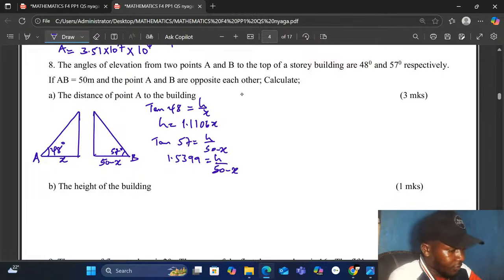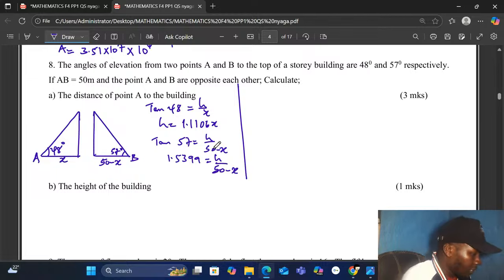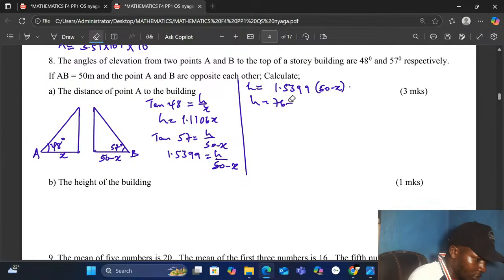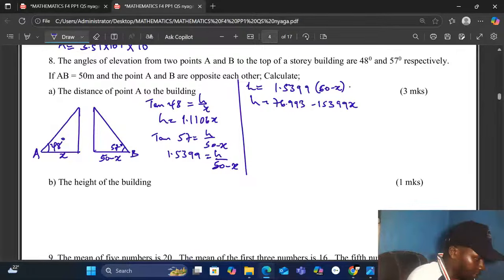So the height will be equal to 1.5399 times 50 minus x. Now we equate the two and solve for x.